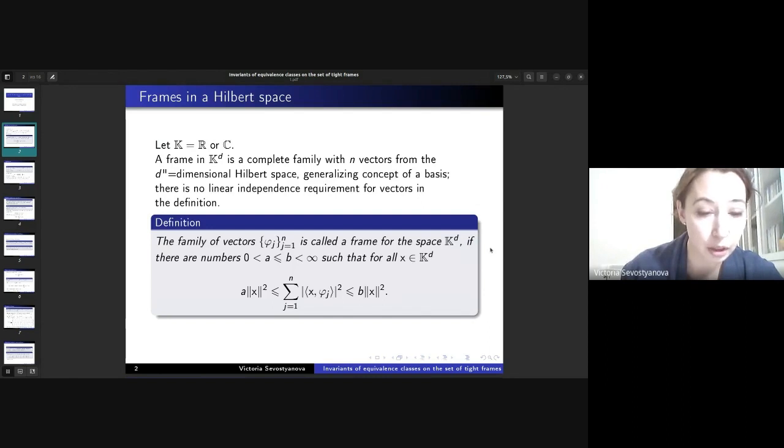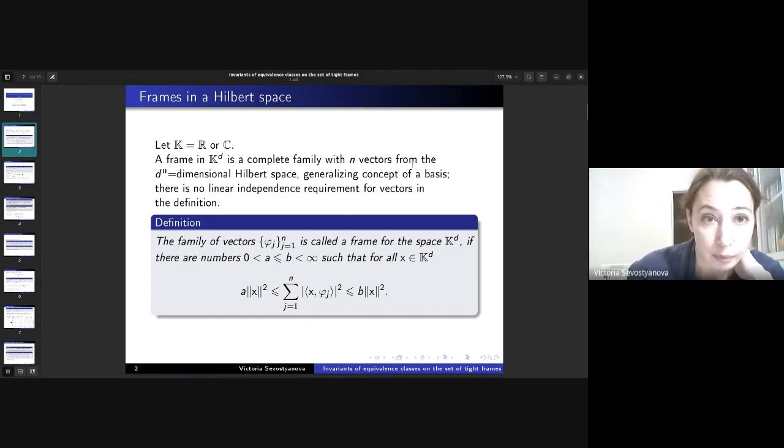We will talk about frames in a finite-dimensional Hilbert space. The base field is a real or complex field. Let's start with the definition.